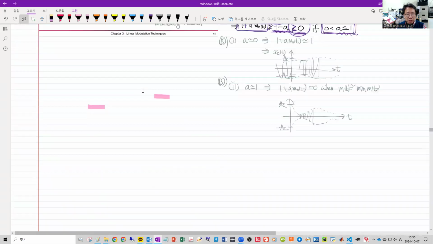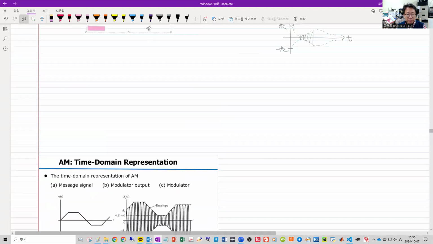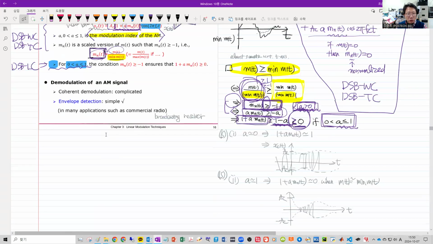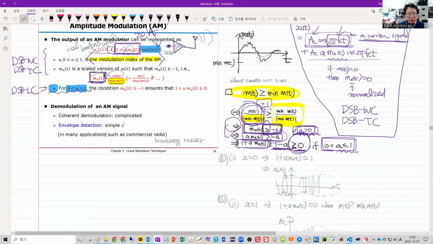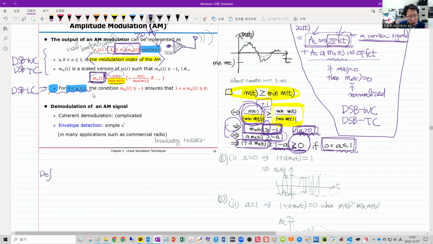Okay. So let me repeat the definition. It's so important. So the definition of the AM, amplitude modulated signal. Okay. So x of t or x sub c of t equals what?